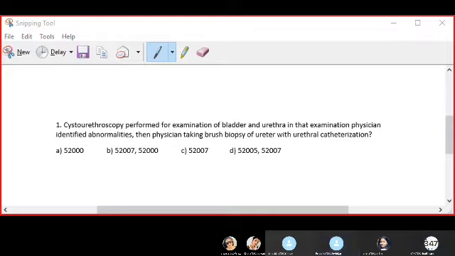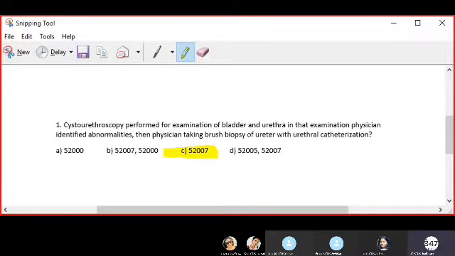One code or two codes? It's a single code. So 52007, only one code. This is the answer. This question is also very frequently repeated.